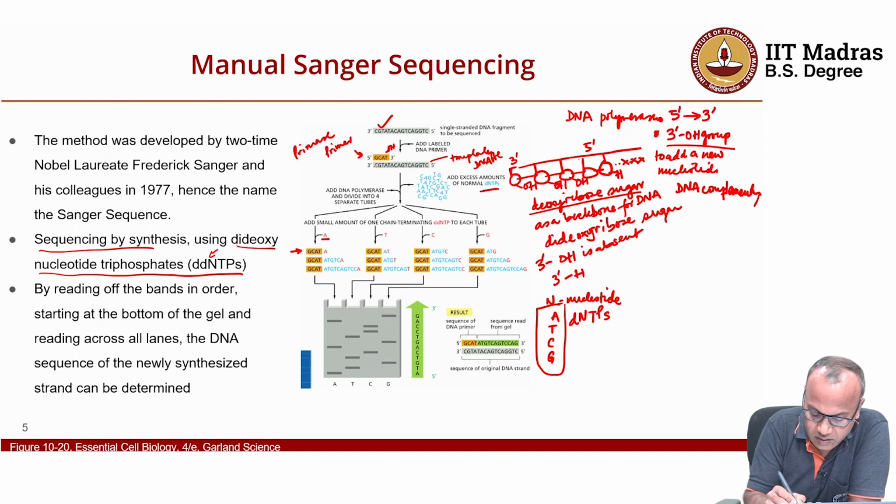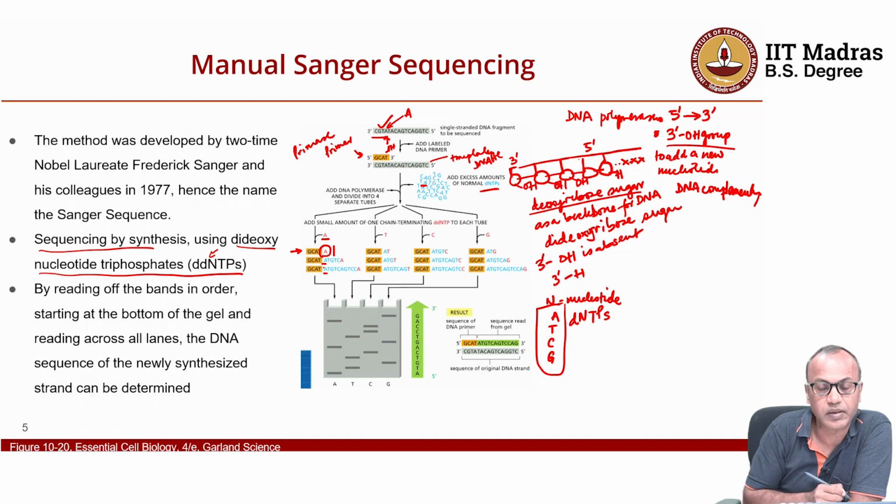So, if you see, this is G, this is C, this is A, T, right. If I were to take the first 4, which is covered by the primer, the next one, the complementary to this, will be an A. So now if ddATP gets incorporated, the sequence will terminate here. But if one of the normal A gets incorporated, it will continue.